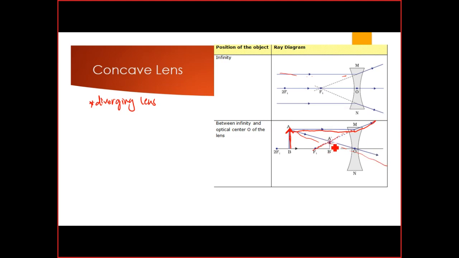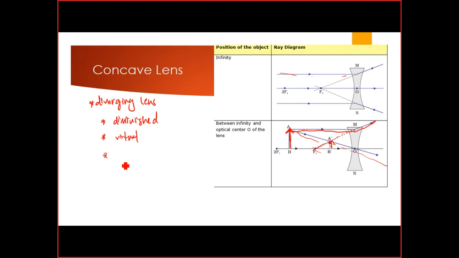The image is going to be diminished, meaning smaller in size, and it is going to be virtual, because it is on the front side of the lens, so it cannot actually exist in reality.